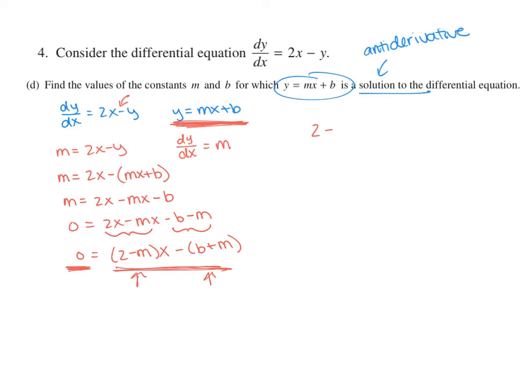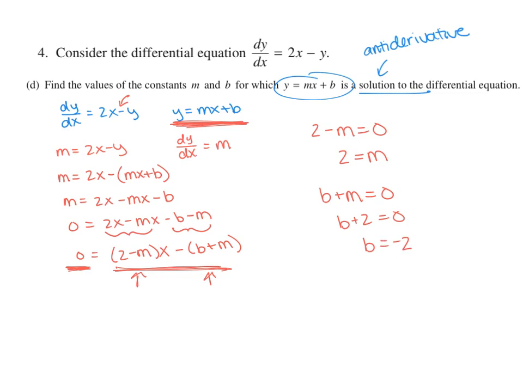That gives us our m value. It gives us that m is 2. If we know that m is 2, and we know that b plus m also has to equal 0, it gives us b equals -2.